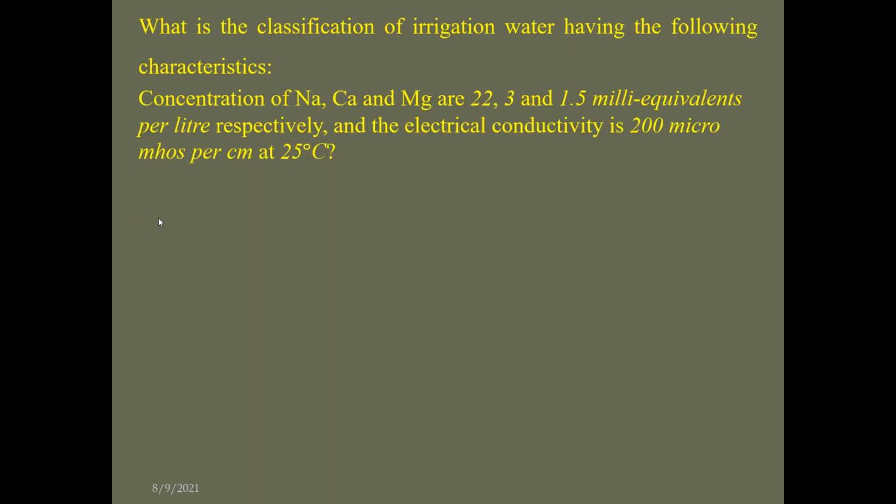Now, another question: what is the classification of irrigation water having the following concentration? Again the same question is given. Concentration of Na, Ca and Mg is given, so we should calculate the SAR first. SAR is equal to the concentration of sodium, that is 22, divided by root over the concentration of Ca plus Mg by 2, that is 3 plus 1.5 by 2.